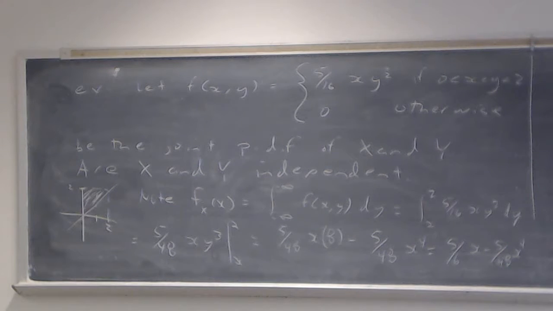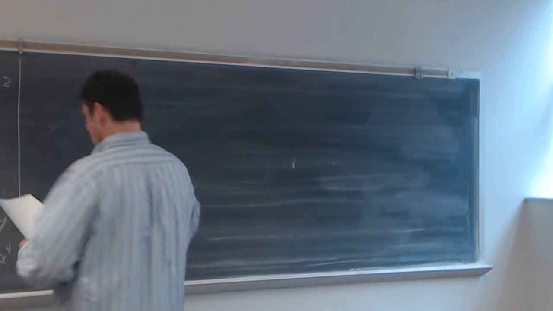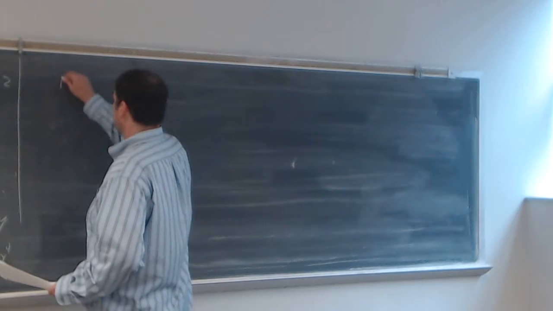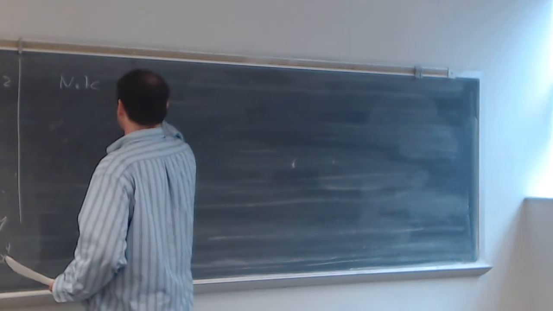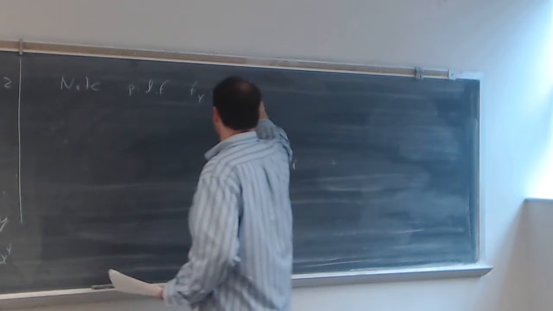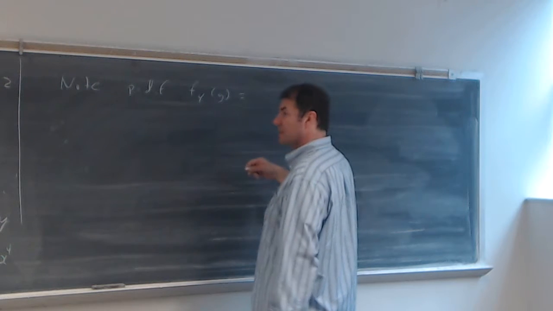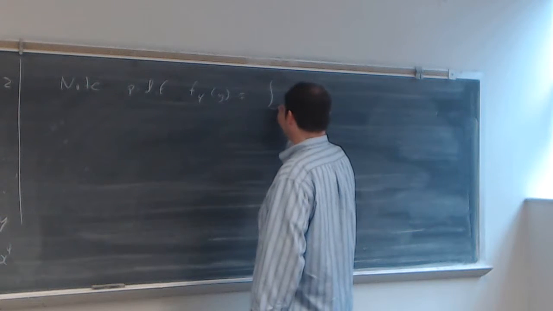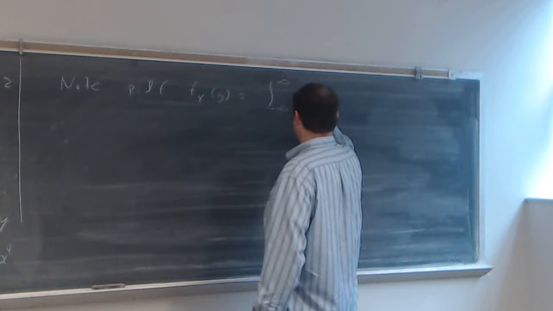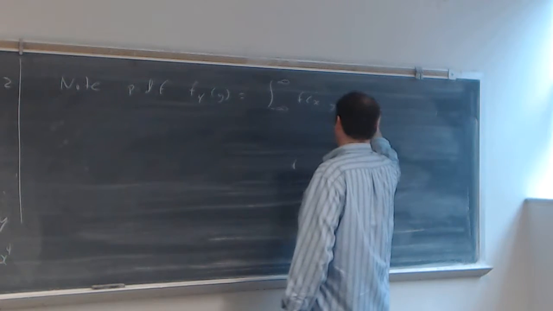Okay, let's find out about the y values. For the PDF of y, that's going to be equal to the integral from minus infinity to infinity of f of x comma y dx.